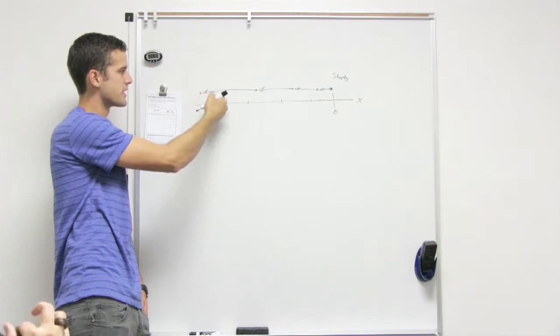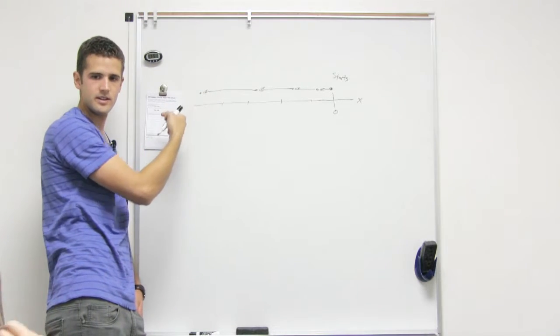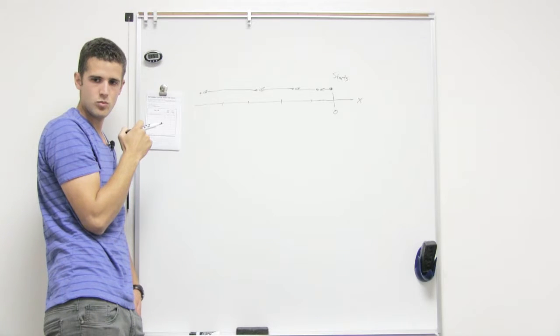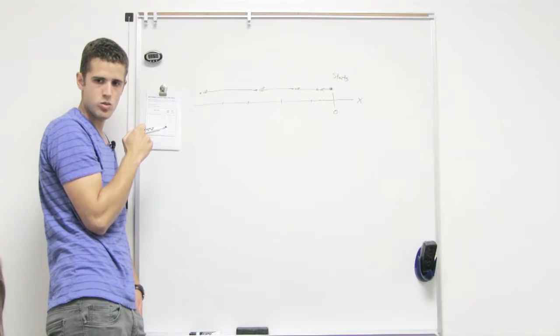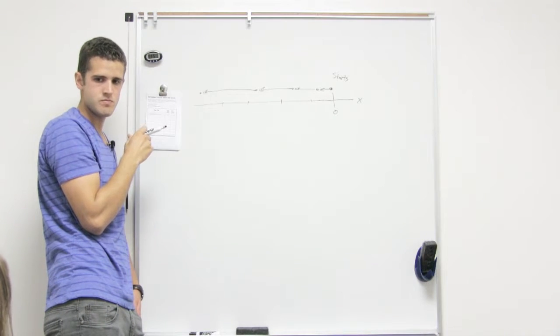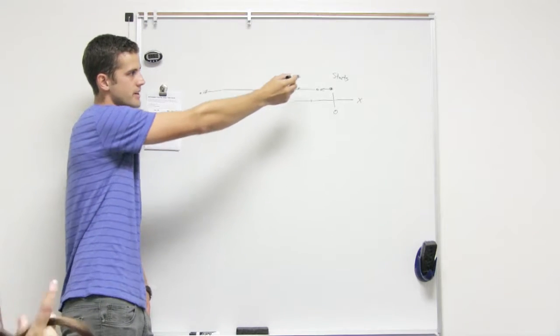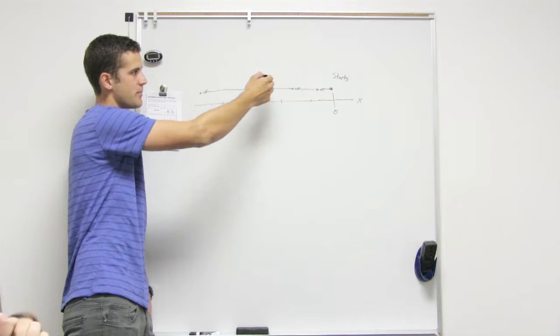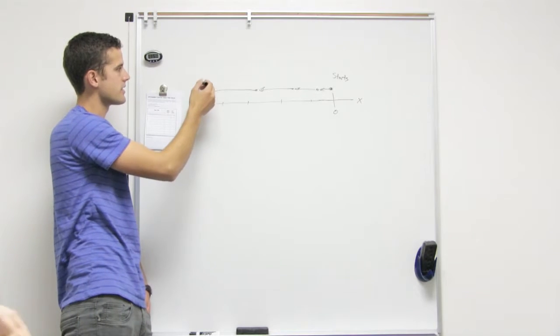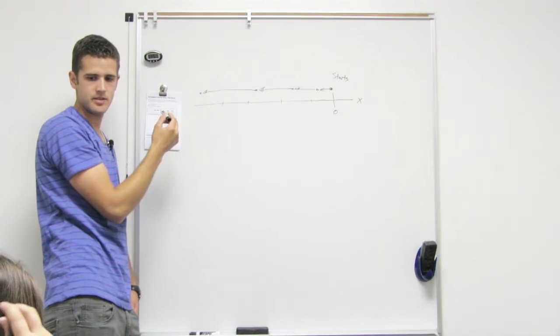Here it would continue to move to the left, so the velocity is getting greater, but it's negative. So it's getting more negative, right? It started out at 0, and then it started turning negative, and it got more and more negative. So here, velocity will still be negative.